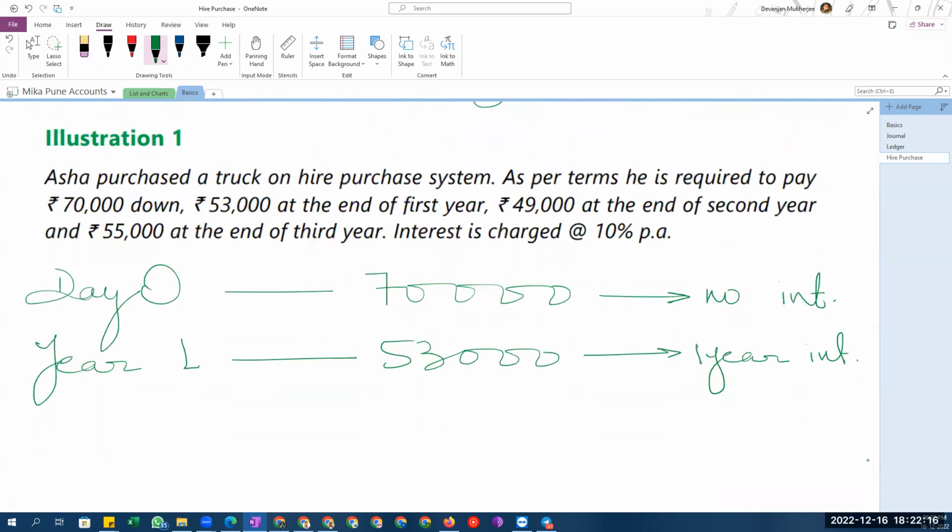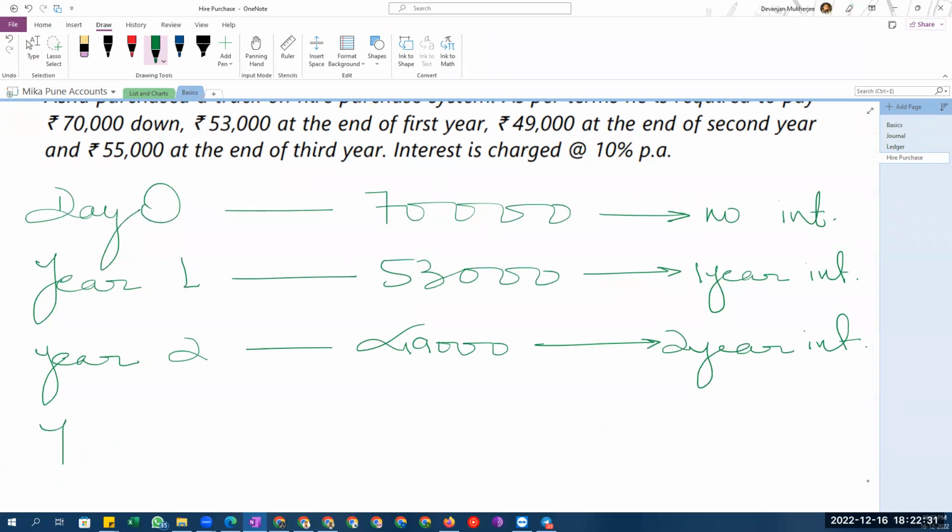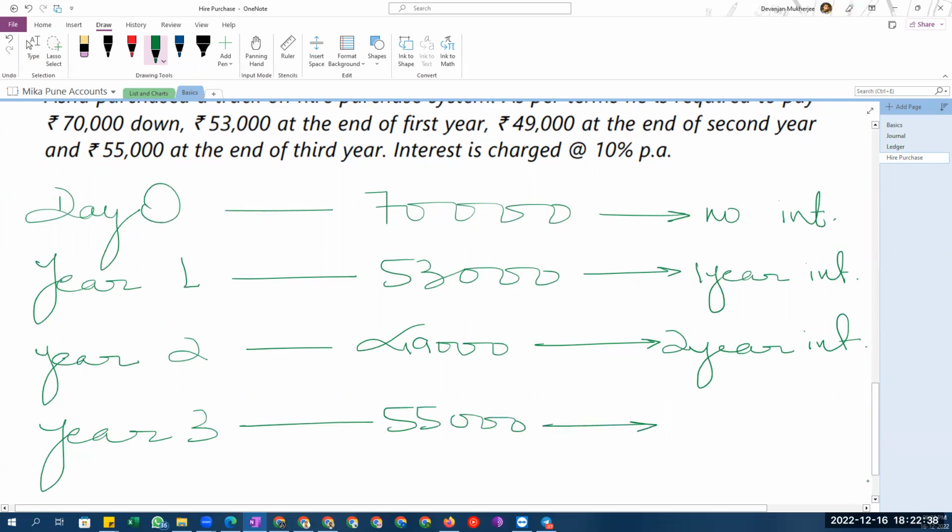So in year two there is a payment of 49,000, meaning that there is 2 year interest in it. Fine. And then the third one, 55,000, year three, meaning that there is 3 year interest on this. Cool.